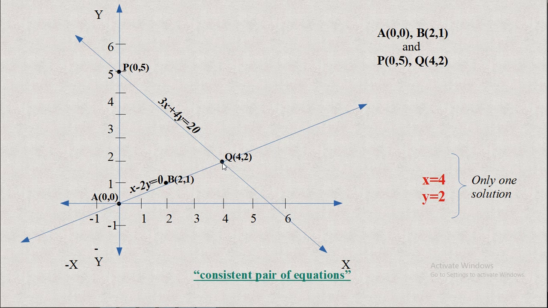In this case, this pair of linear equations will have only one solution, and that solution is the point at which the two lines intersect each other.